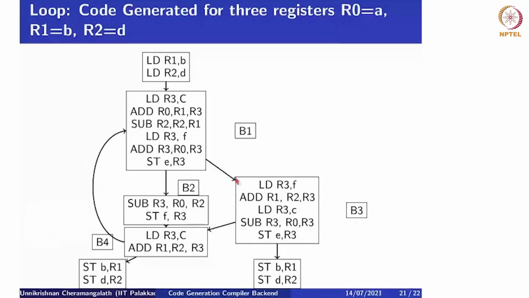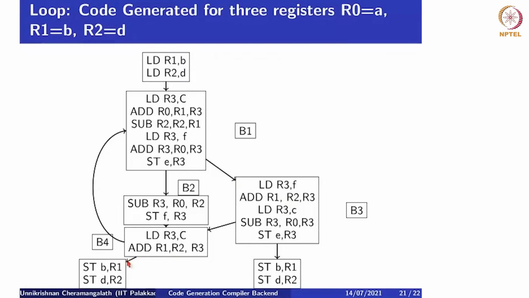And similarly, you have load R3, F, add R1, R2, R3, load R3, C, sub R3, R0, R3. And look at this epilogue: when you exit from the basic block, the variables which are live are stored, like B from R1 and D from R2.